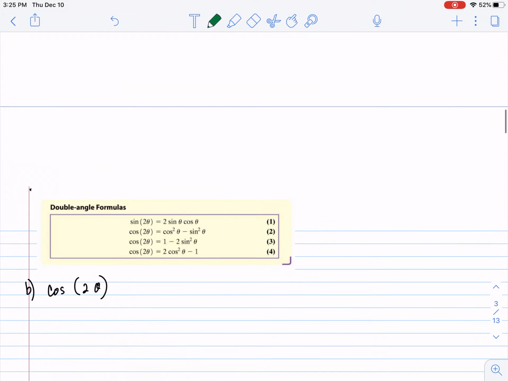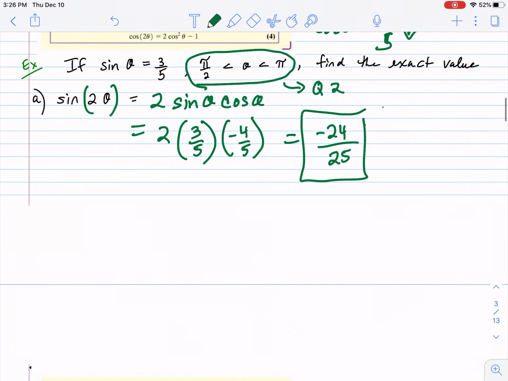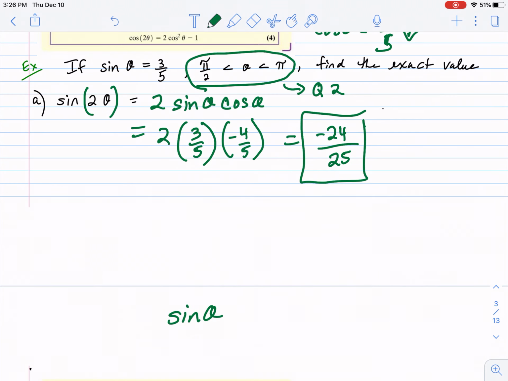Moving on. If I wanted to know what the cosine of 2 theta is, well, I already have this information up here. I already know that the sine of theta is equal to 3 over 5, and we just figured out that the cosine of theta is equal to -4 over 5.